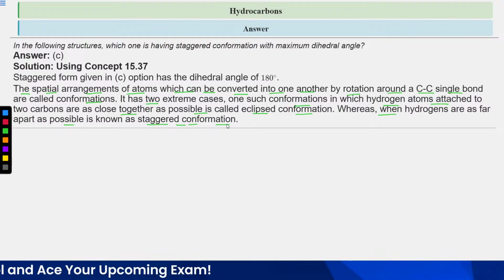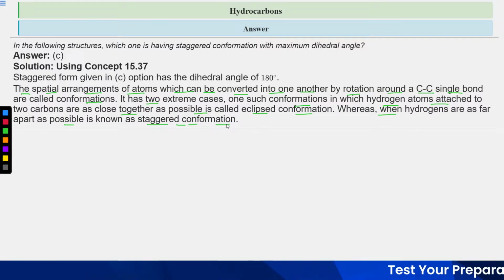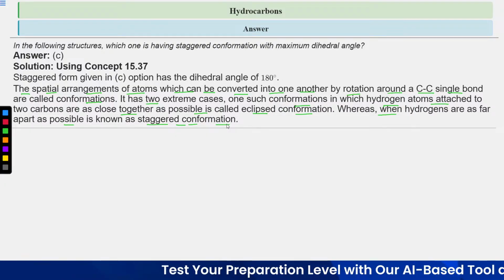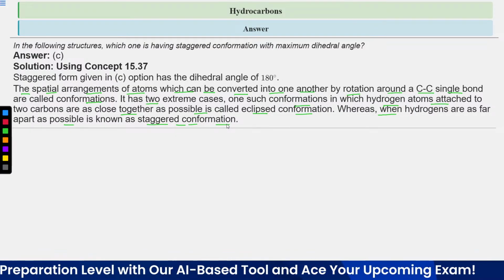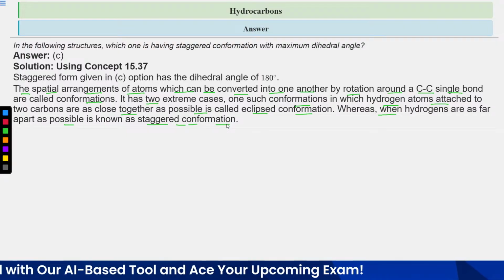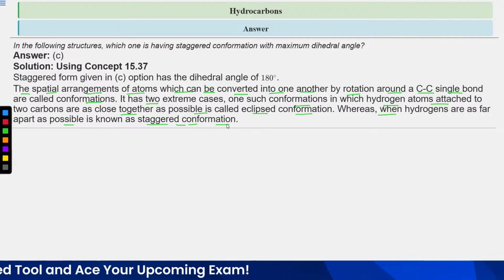Okay. So as the question asked for the option having a staggered conformation and a maximum dihedral angle, our correct answer is option C. In structure C, we have the maximum dihedral angle, which is 180 degrees, and the conformation is also observed as staggered. Let's move on to the next one.